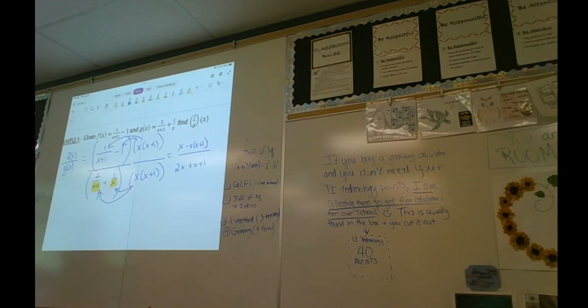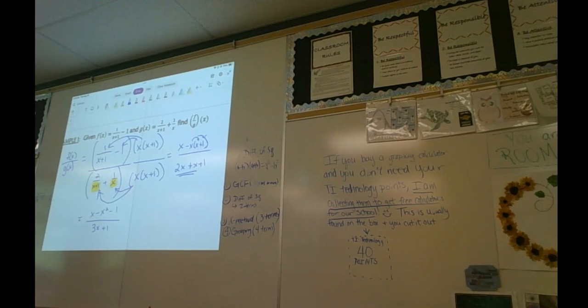You guys feeling okay with this? Good. So then can we cancel these x plus 1s over addition and subtraction? No, right? So instead we simplify the numerator. Distribute that negative x. You get x minus x squared minus 1, all over 2x plus x in the denominator is 3x plus 1.